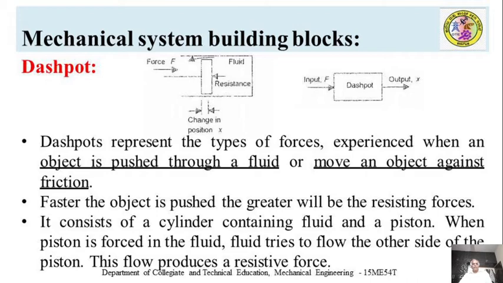So when the object is pushed through a fluid, it experiences a force, or when it is moved against a friction, then also it experiences a force. So that type of system is called dashpot.